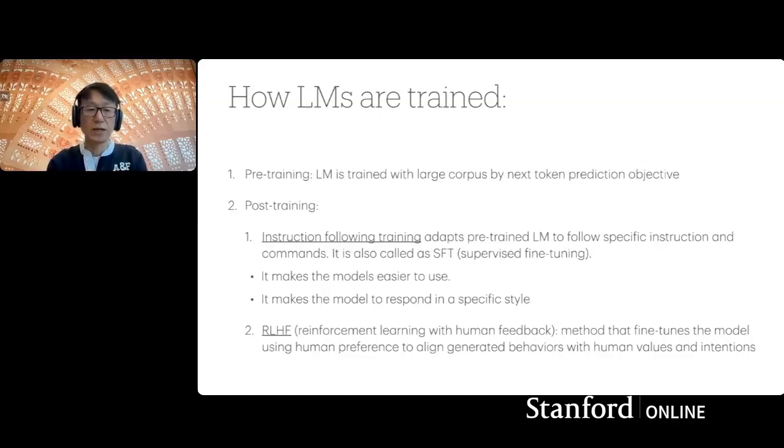So that's how the models are trained, so that they're easier to use and also respond in specific styles. And once this is done, an additional training method is aligning to human preference by using reinforcement learning with human feedback, which uses human preference to align the model by using reward schemes.